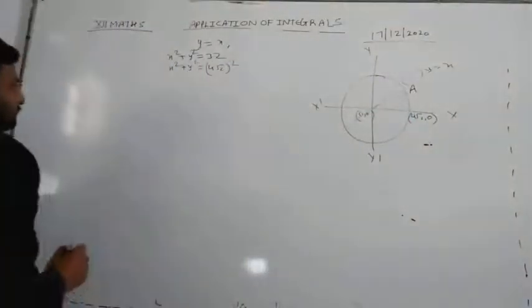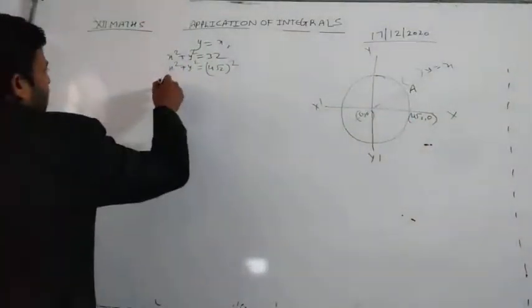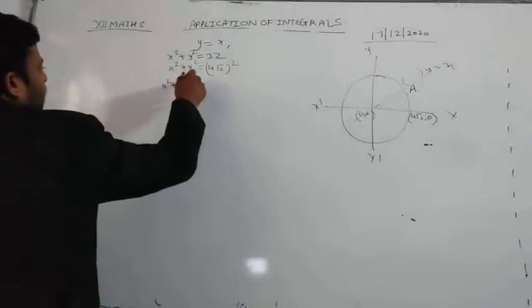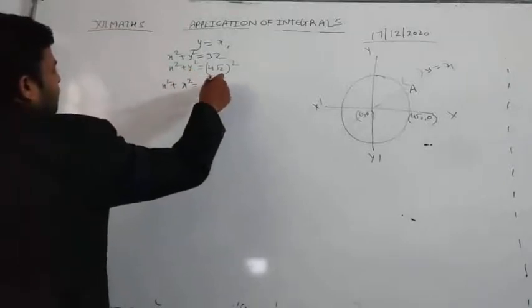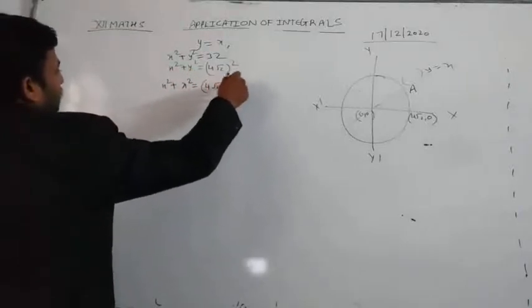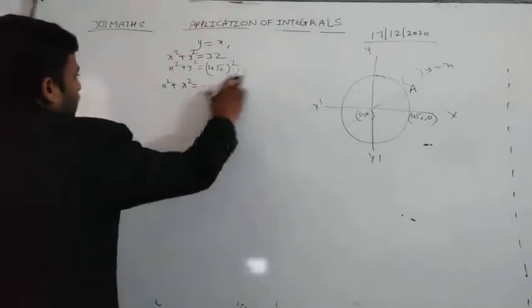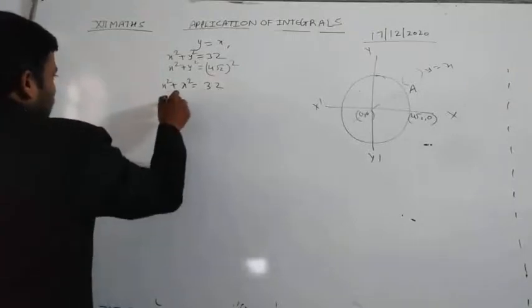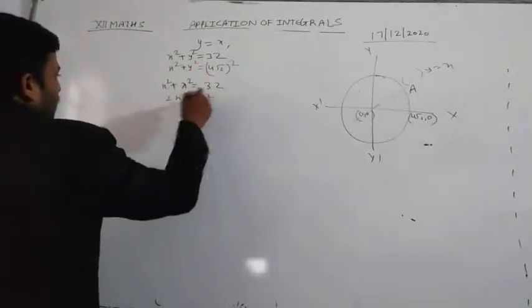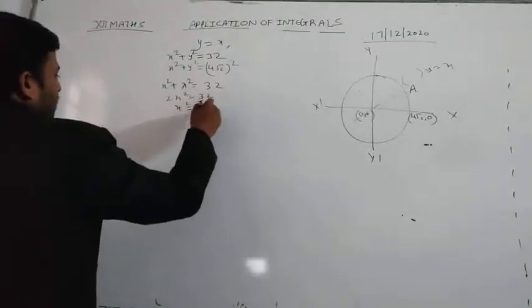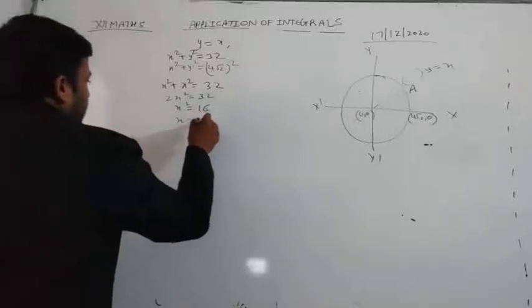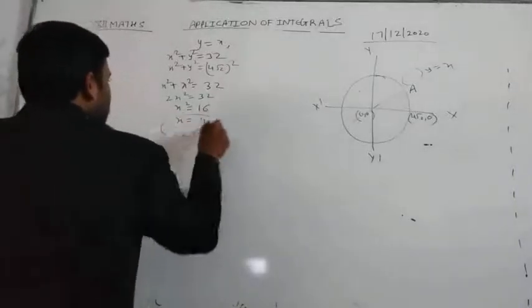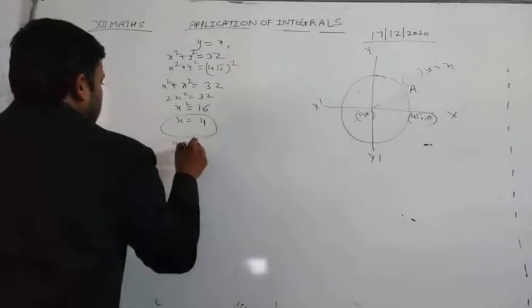Okay, so at point A, x square plus x square is equal to 4 root 2 whole square, we can write this as 32. So 2x square is 32, x square is 16, x is 4. X is 4, so it means that y is also 4.